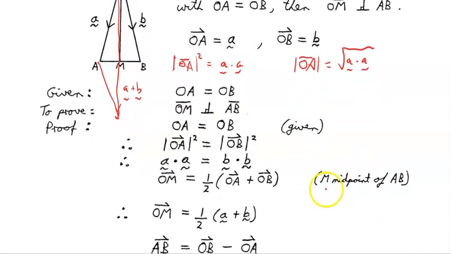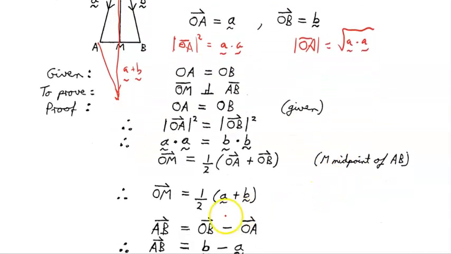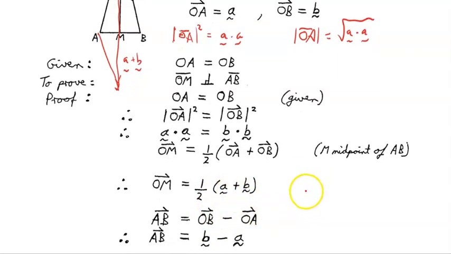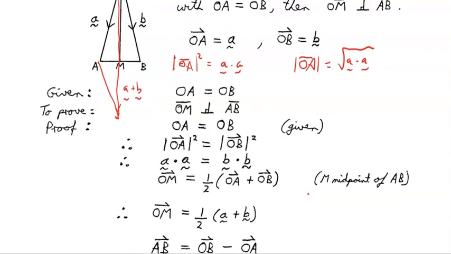Next, we have OM is a half times little a plus little b, with the tildes under those vectors. And for the vector AB across here, we can make an argument that it is OB minus OA.